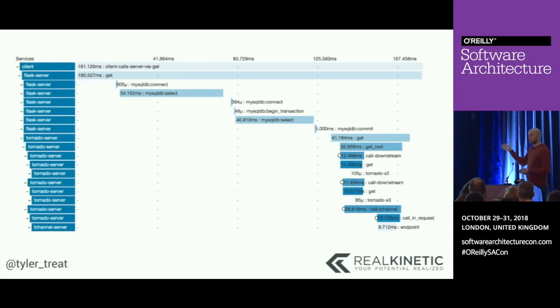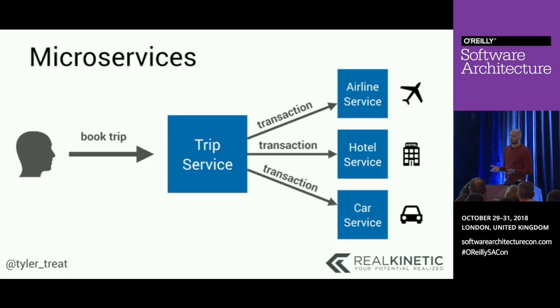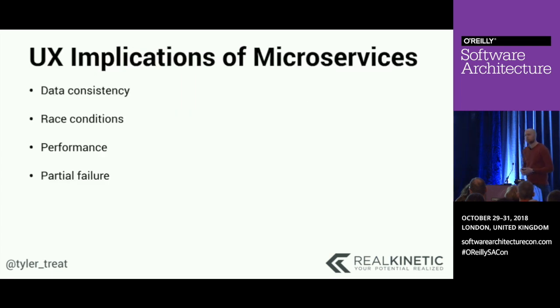Then of course there are the performance implications, because now we're making network requests to a whole bunch of services. And then there's also this partial failure aspect, because now we have different parts of the system that are operating in various states of failure at any given moment. That's now something we have to think a little bit more about.